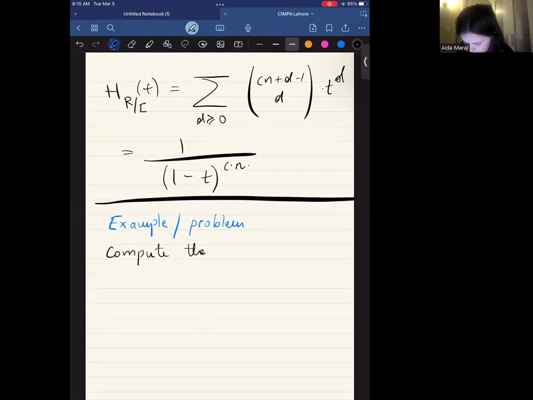The Hilbert series of the ideal I generated by x1, x4 in R of x1, x2, x3, x1.